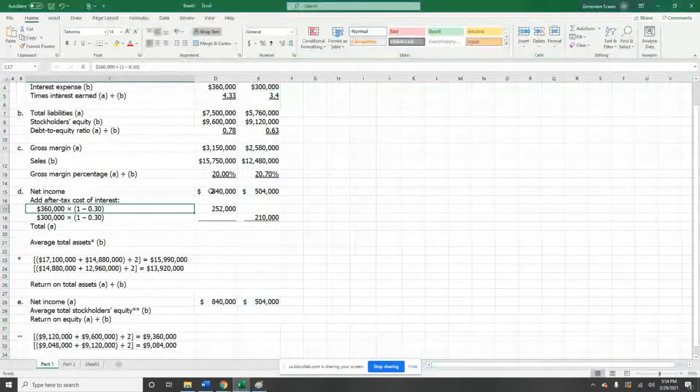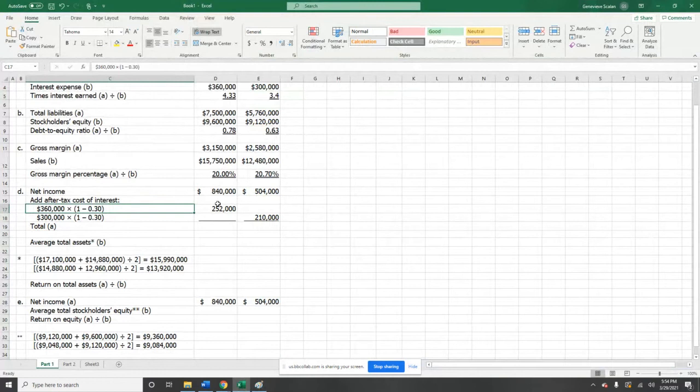So to figure my after-tax cost of interest, I have to take 360 times 1 minus 0.30, or times 0.70.